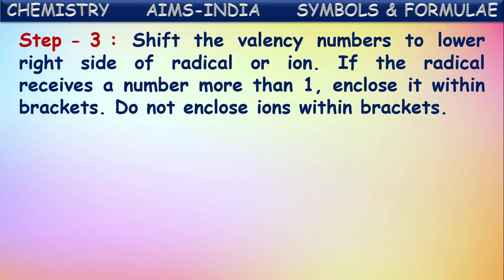And then we have to ignore the positive and negative symbols in their charges. Then after that, with the remaining numbers after elimination of the common factor, we have to crisscross those. Then we get the formula of the compound. After crisscrossing, if a radical gets a number more than 1, then we have to keep that in a bracket before writing that number. These are the steps we have to follow while writing the formula of compounds.